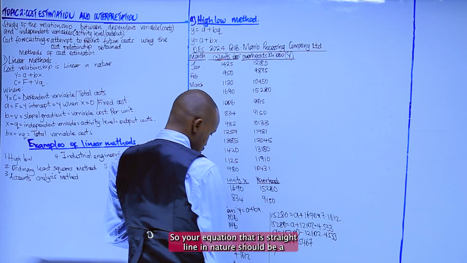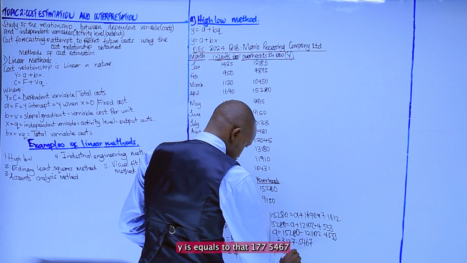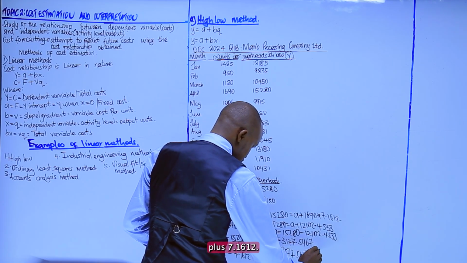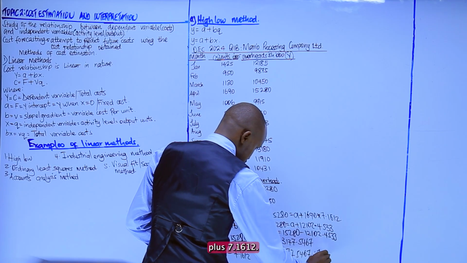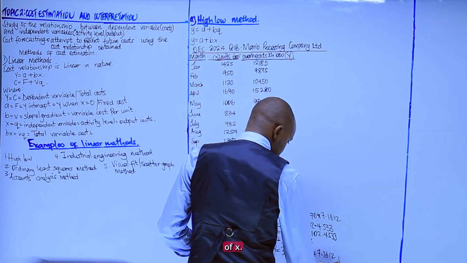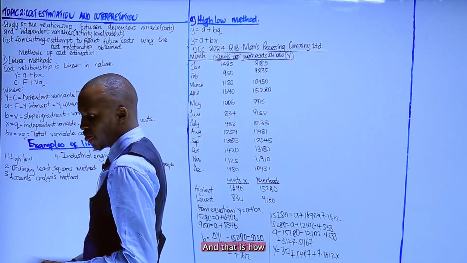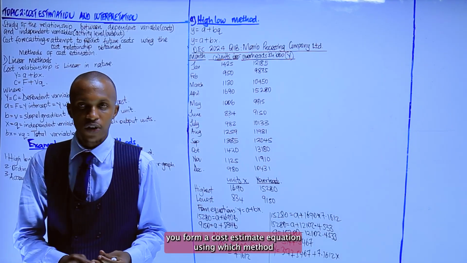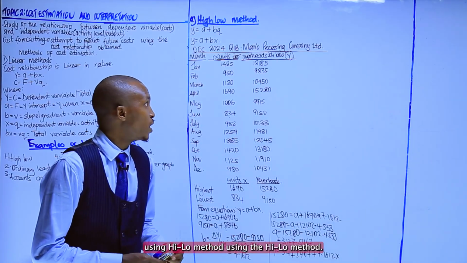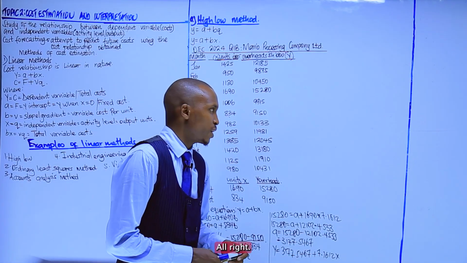So your equation that is straight line in nature should be Y is equals to 3177.5467 plus 7.1612 of X. And that is how you form a cost estimator equation using which method? Using the high-low method. All right.